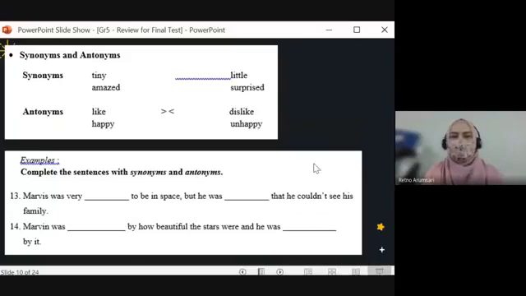Number 13. What is the answer for number 13? Marvis was very blank to be in space, but he was blank that he couldn't see his family. Do you think it's a synonym or antonym?